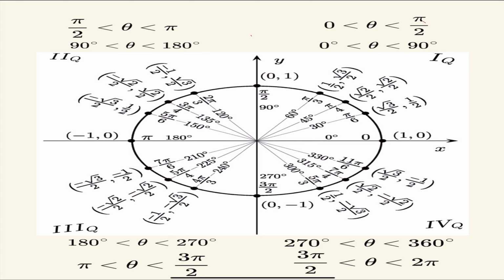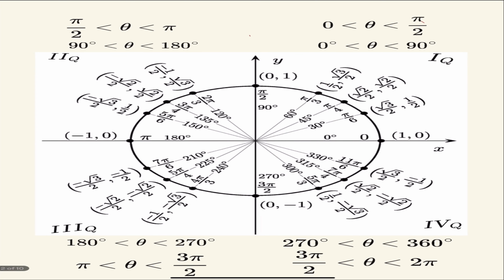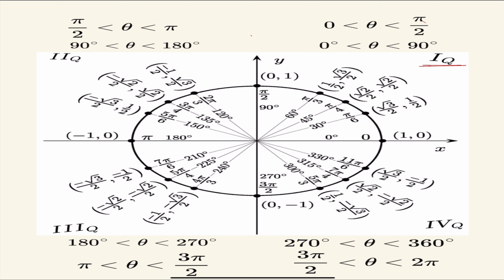You see the first quadrant here, right? Everything is positive, sine is positive, cosine is positive. Here, sine is positive, and all the cosine values are negative.